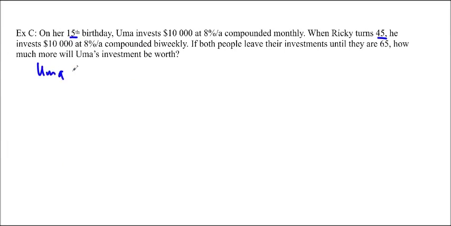So Uma, so we're compounding monthly, so it's from her 15th birthday to her 65th birthday, so that tells us the years is going to be 65 minus 15, which is 50. So let's just write that into our formula. A equals P times 1 plus I to the n.